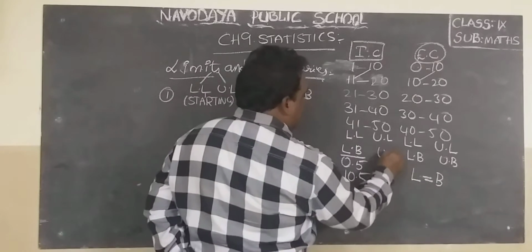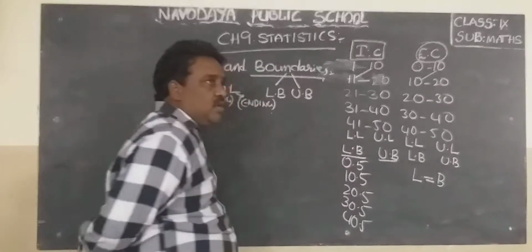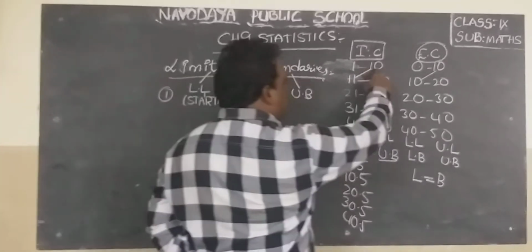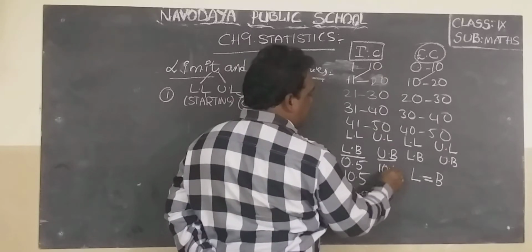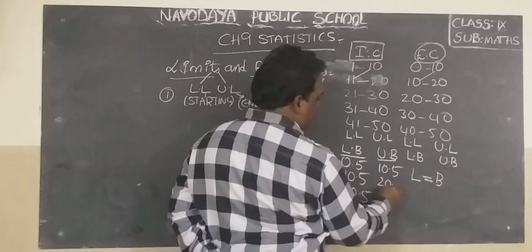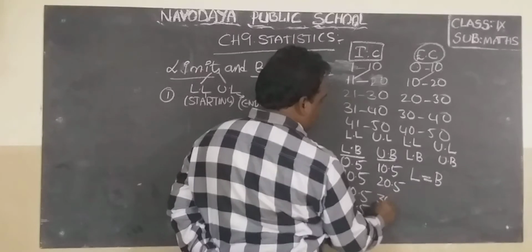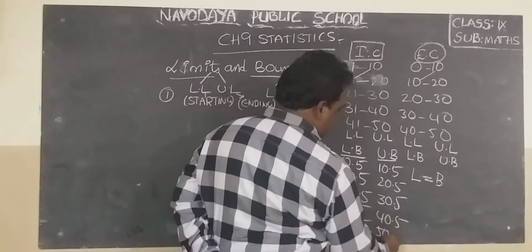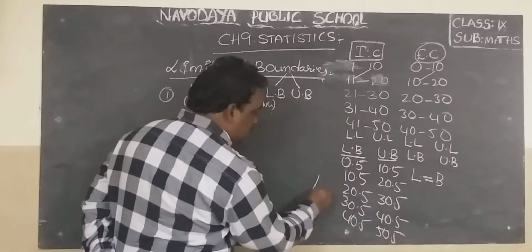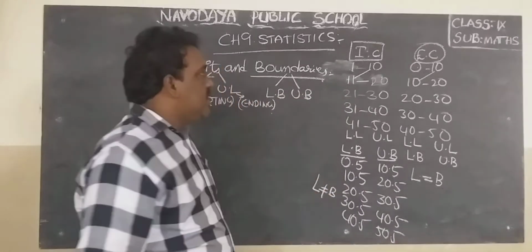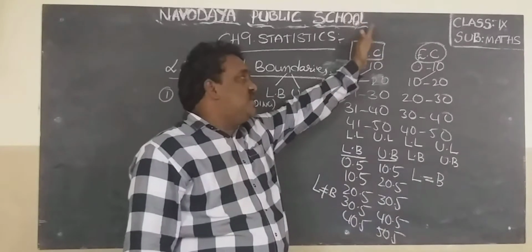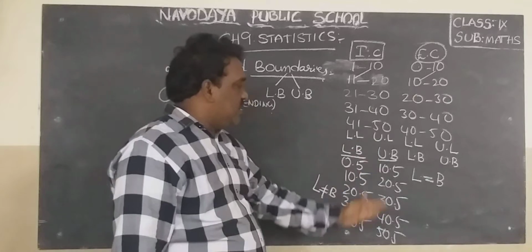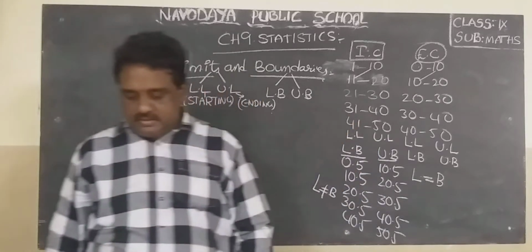I want the upper boundaries: add 0.5 to each upper limit. So in inclusive classes, limits and boundaries are different. In exclusive classes, limits and boundaries are the same. Write it down once.